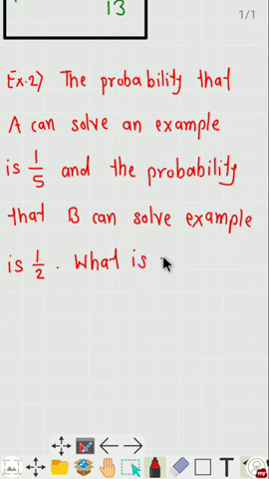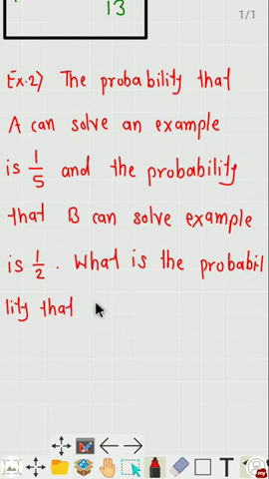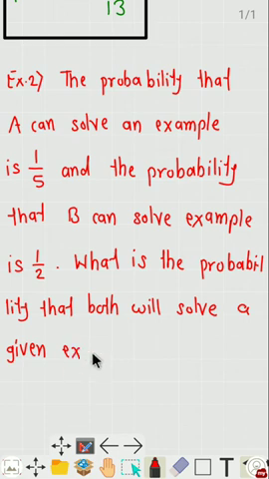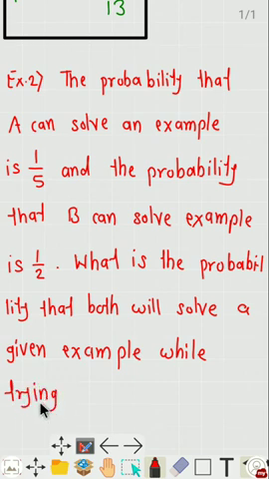What is the probability that both will solve a given example, while trying independently?